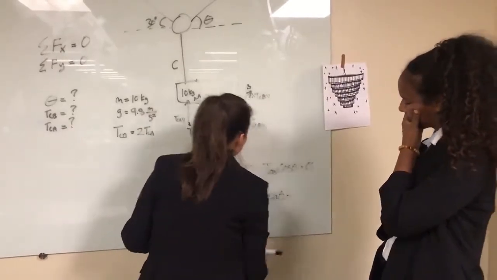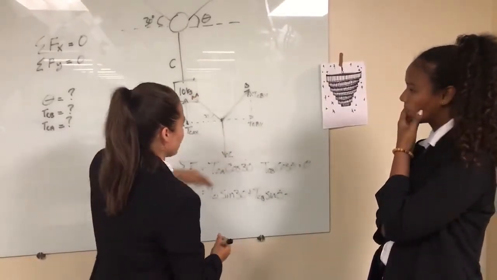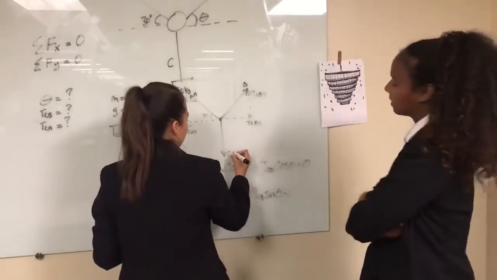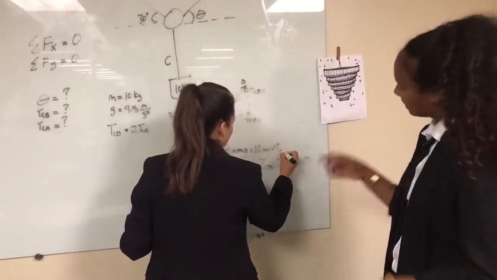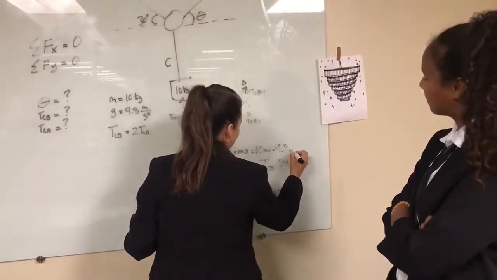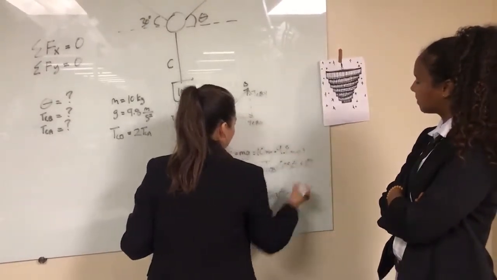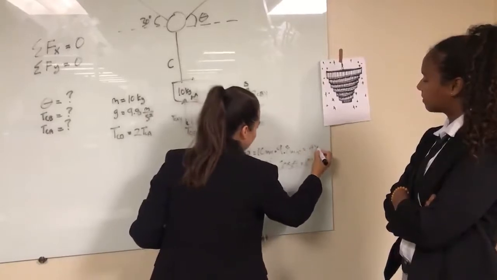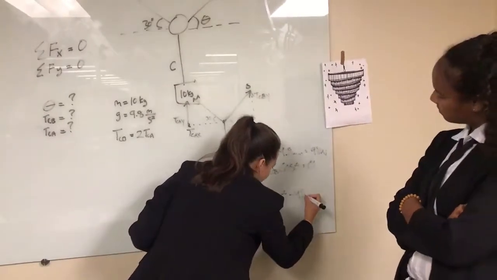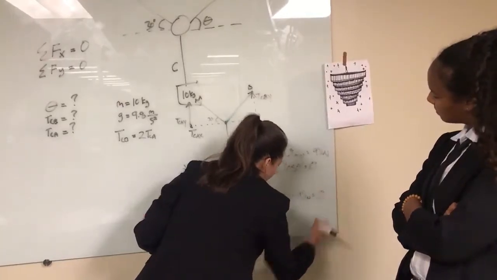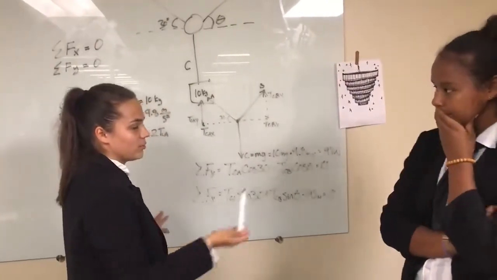And we're going to subtract from that forces that are coming in the opposite direction, which is just our 10 kilograms of the chandelier times 9.8 meters per second squared, which is going to give us 98 newtons. We're going to subtract 98 newtons here, and that's also going to equal 0. Okay. So I'm pretty sure you got it from here.